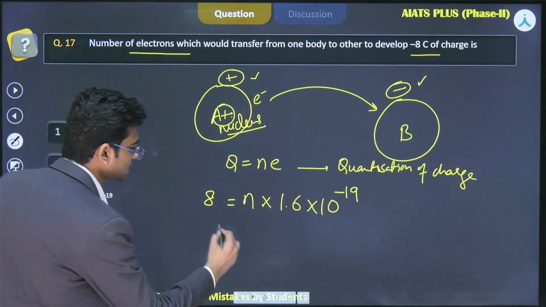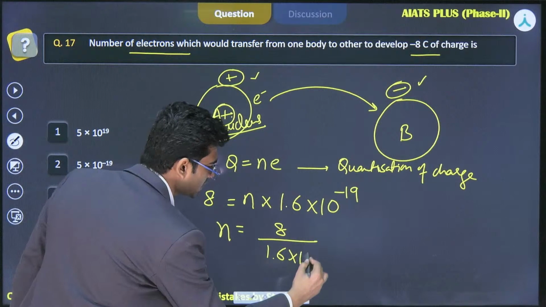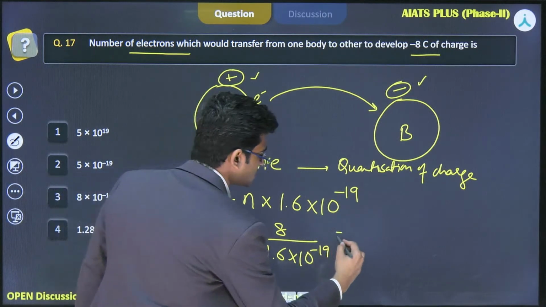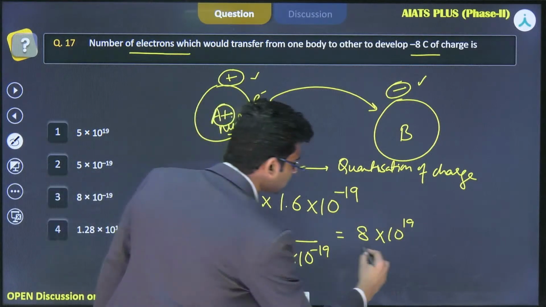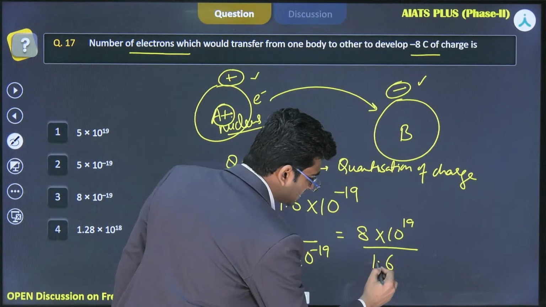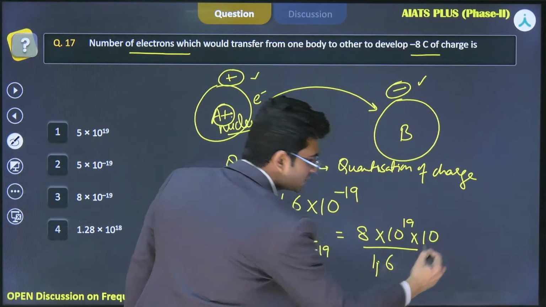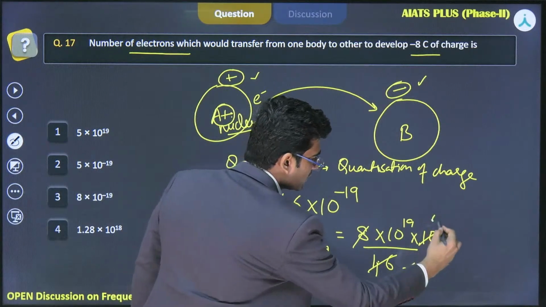Can we solve it? Yes. N is equal to 8 divided by 1.6 into 10 raised to power minus 19. This will become 8 into 10 raised to power 19, divided by 1.6. Okay. I am taking out this decimal, so it will become 10 here. Now this 8 will become 2, 2, 5.